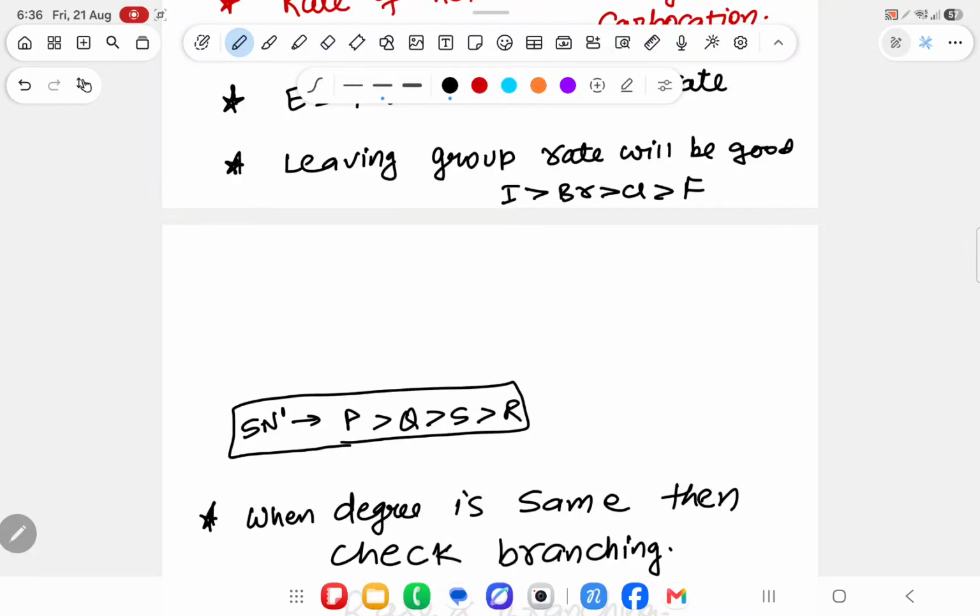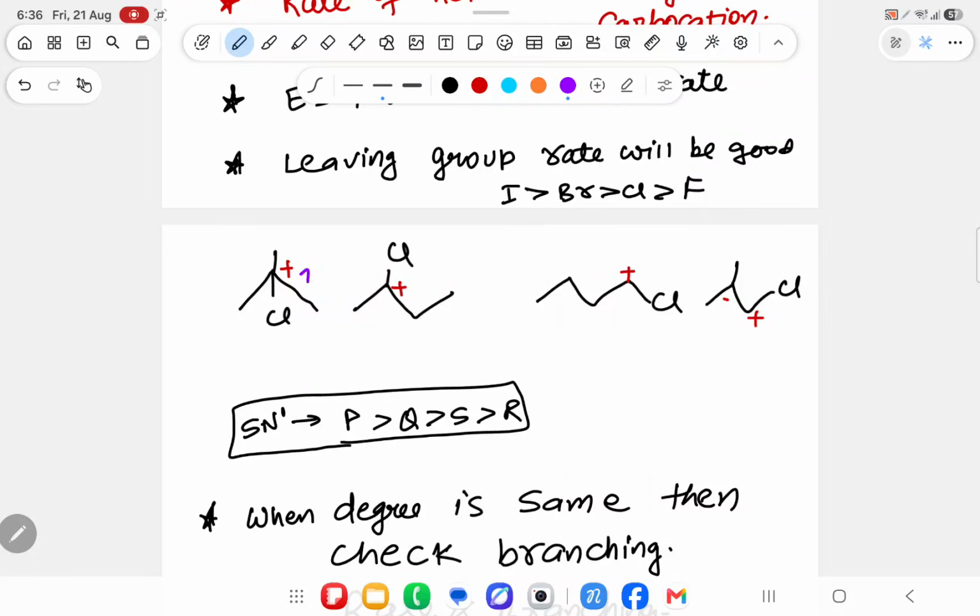One more question I will take. Here the question is something like this, with four alkyl chlorides. Now over here, this carbocation, this carbocation, this carbocation, this carbocation. This carbocation is 3 degree.